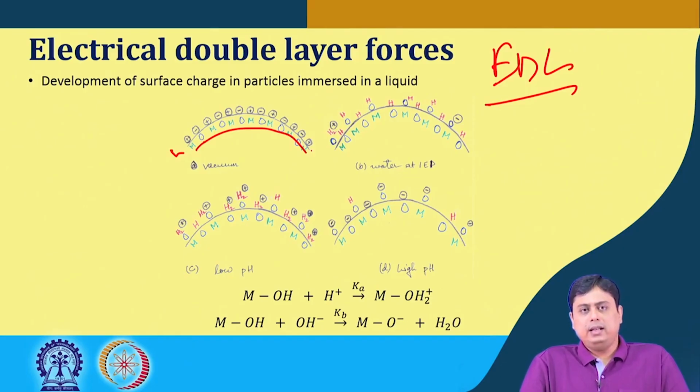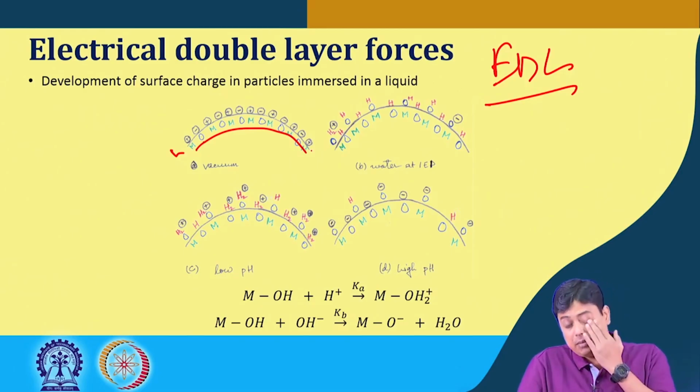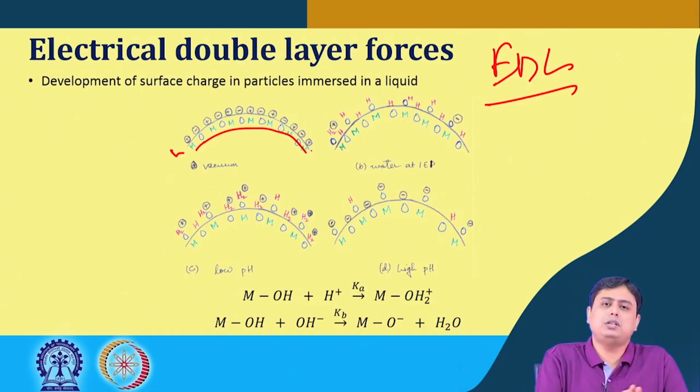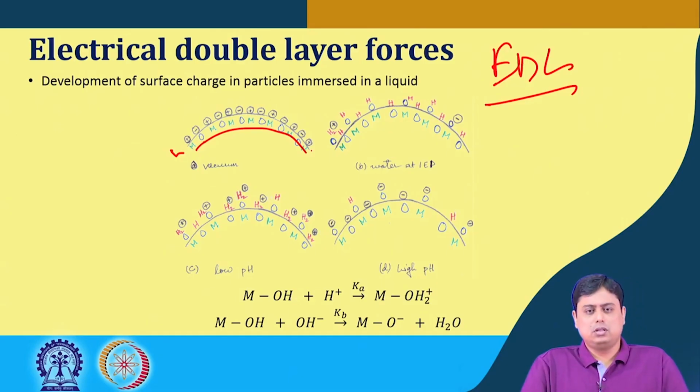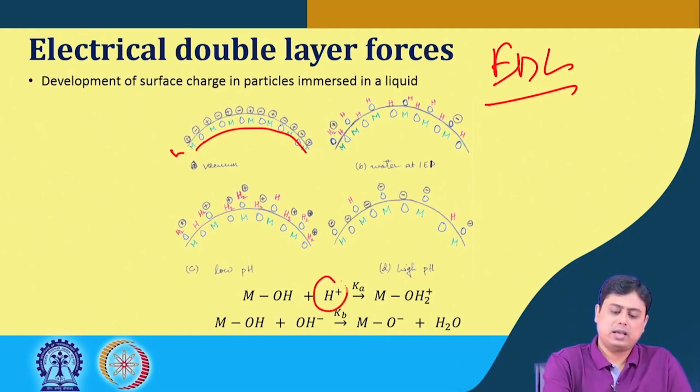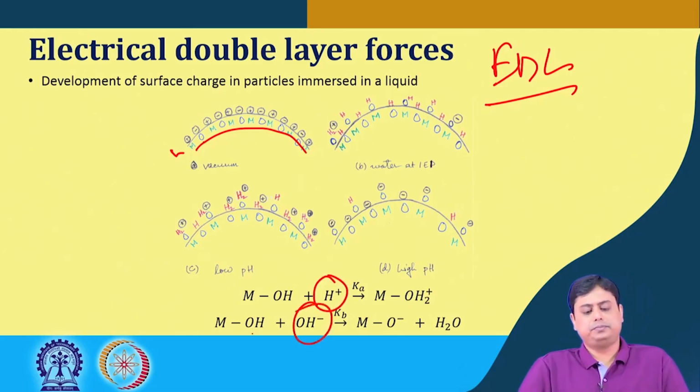Then these metal hydroxyl groups, depending on the pH of the solution, which means higher pH means alkaline solution, lower pH means acidic solution, will further react with the H plus ion or the OH minus ion.